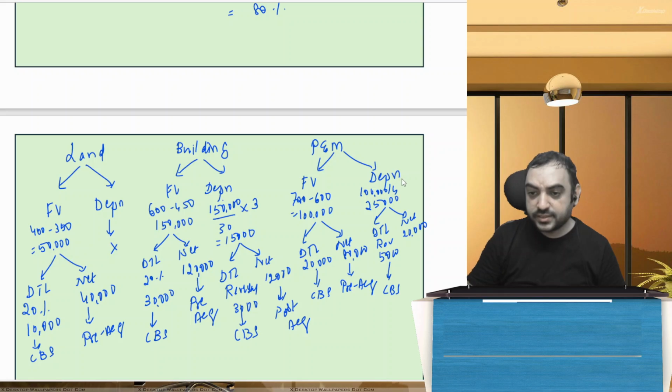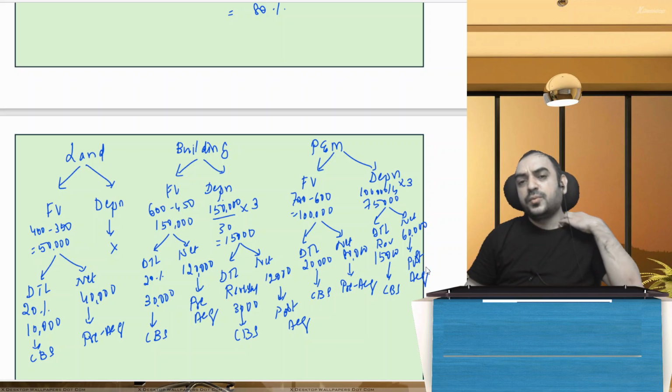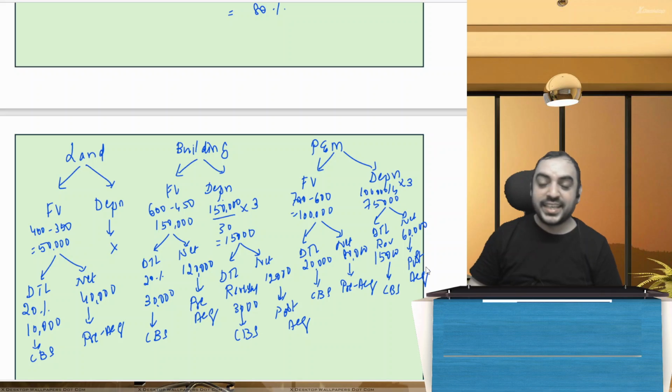I'm sorry, into 3. 3 years completed, I forgot that. So 1 lakh divided by 4 into 3, you get 75,000. 75,000 at 20% is 15,000. 75 minus 15 means 60,000. 60,000 will be treated as post acquisition profits. Basically, that will be taken in the calculation of consolidated P&L and NCI.